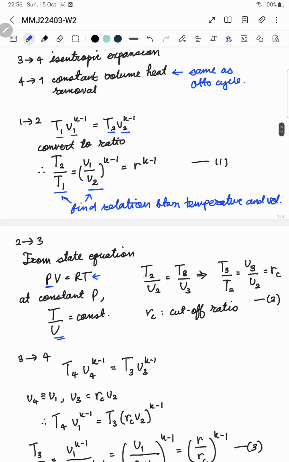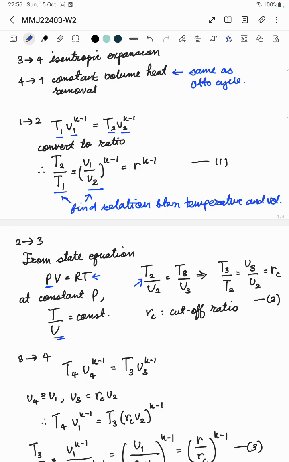Hence you have T2 over V2 equals T3 over V3, and V3 over V2 is a ratio that we can define as the cutoff ratio.